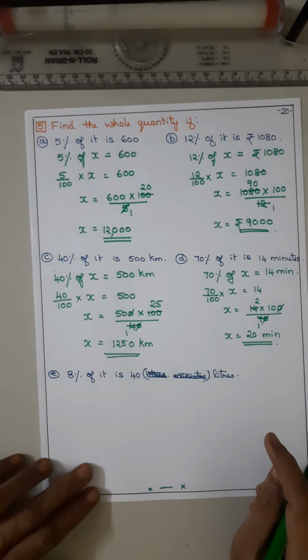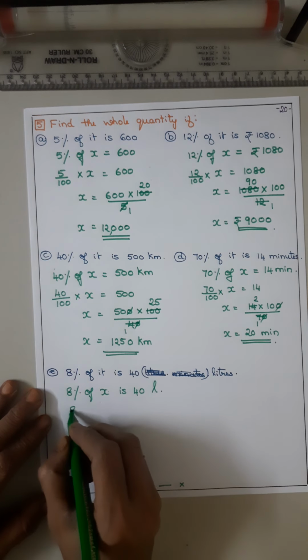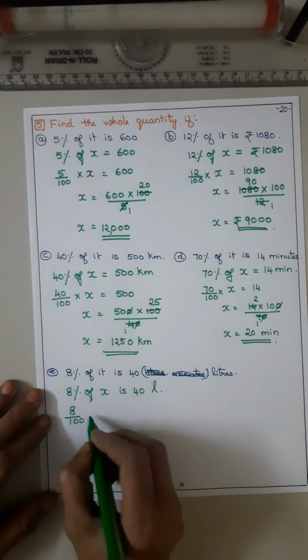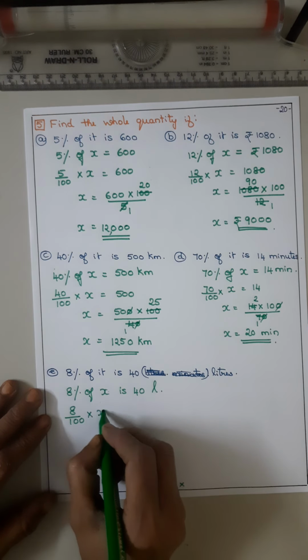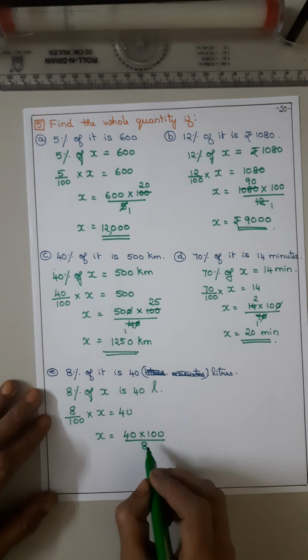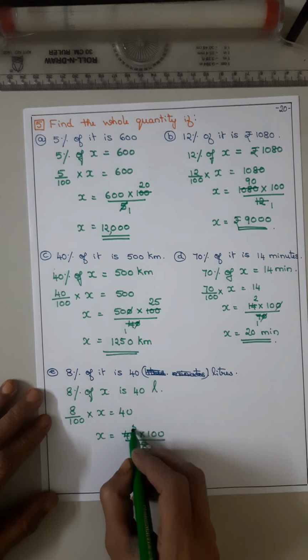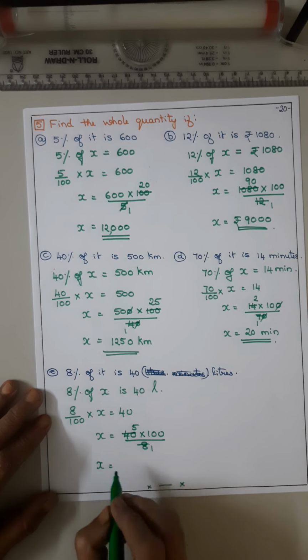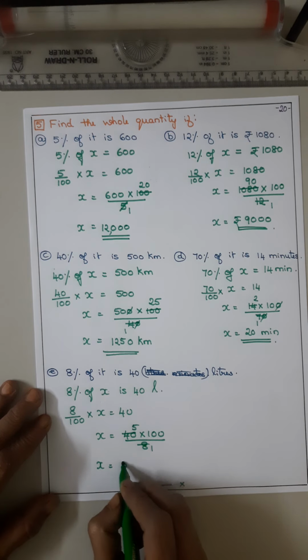Now 8% of x is 40 liters. Now 8 by 100 into x is equal to 40. So x is equal to 40 into 100 upon 8. 8 ones are 8, 5s are 40. So x is equal to 500.